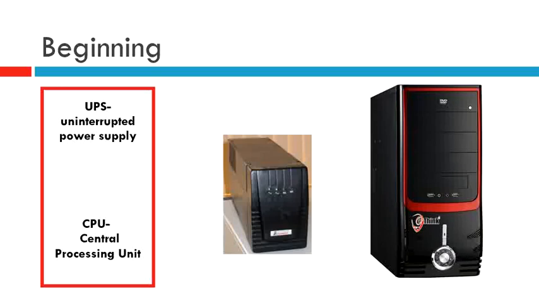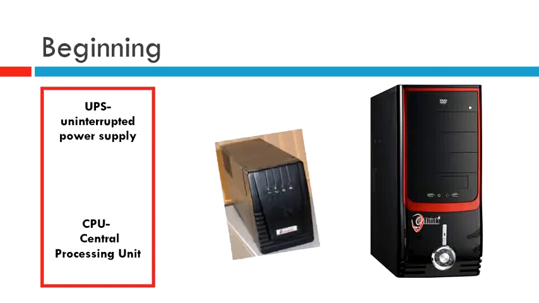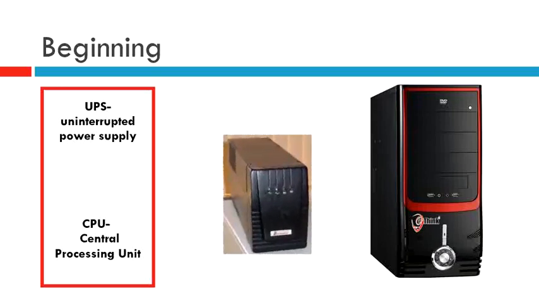The first button that we switch on is that of the UPS, in other words, the uninterrupted power supply. This is usually an additional part in the computer lab which might not be there in your own home.